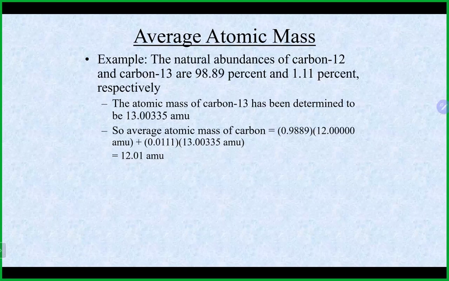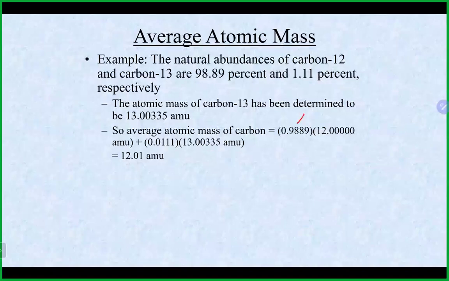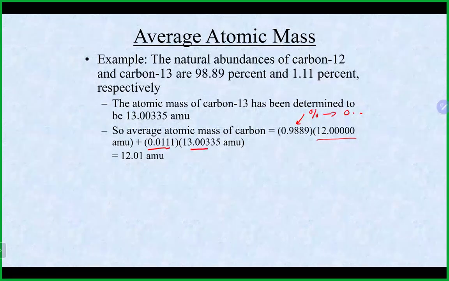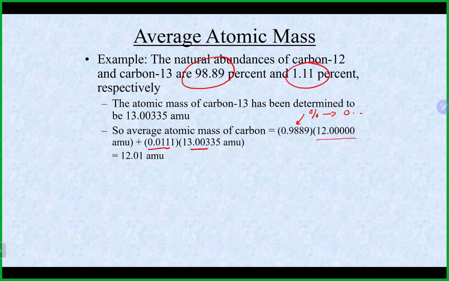If we do the formula that we just talked about, this is the percent abundance of the first one, converted from a percentage into a decimal, and that is the atomic mass of our first isotope. This is the percentage of the second one converted into a decimal times the atomic mass of our second isotope. Once again, you do want to make sure that these add up to about 100.